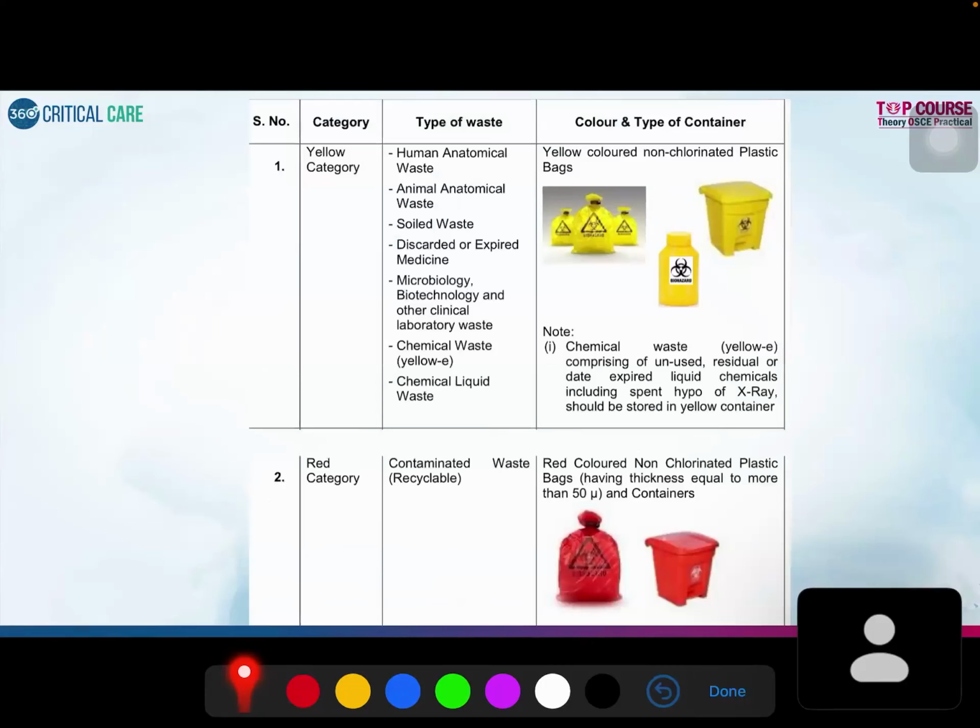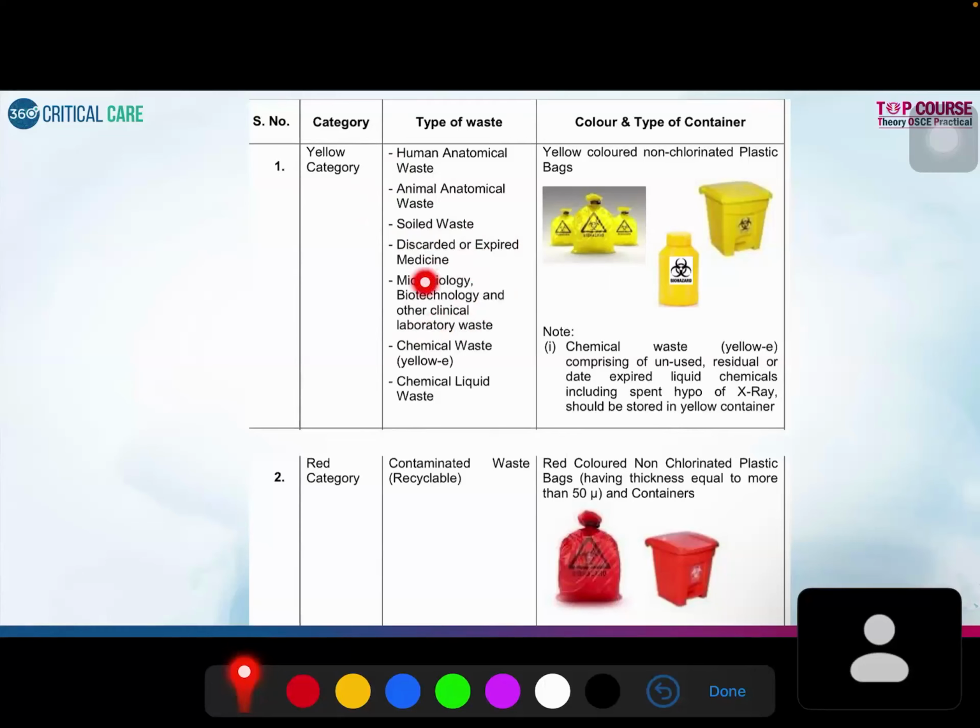So now we'll come to the categories. Your yellow category includes all your human anatomical waste, animal anatomical waste, soiled waste. This includes all your gauzes, gamgees, dressings which have been soiled with body fluids. Discarded expired medicines also come in this category. Microbiology, biotechnology, and other clinical lab waste.